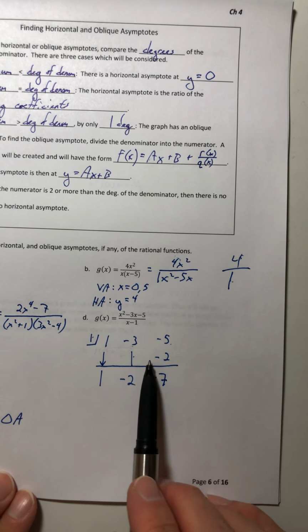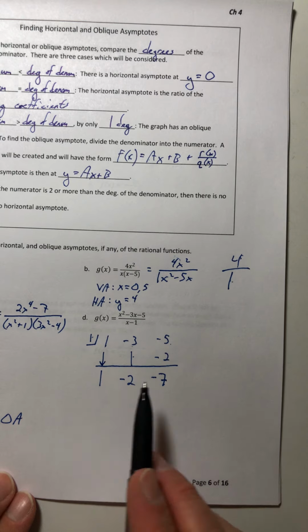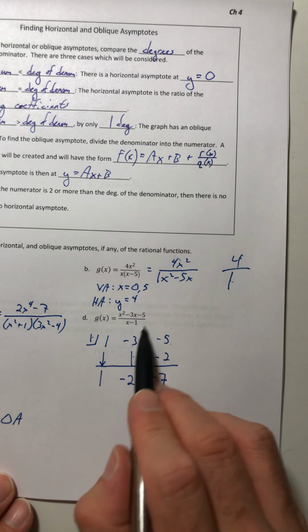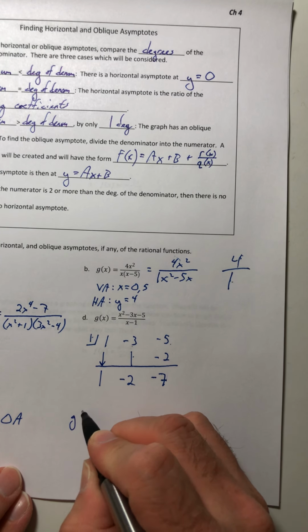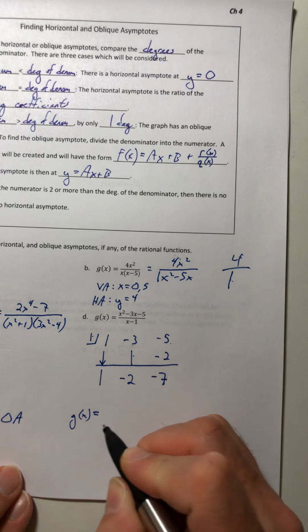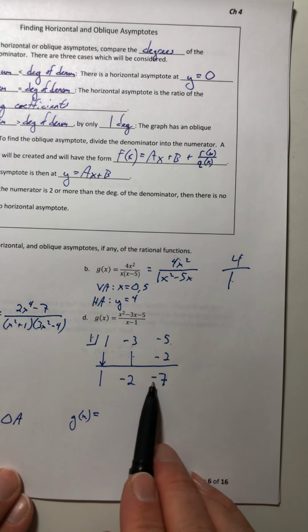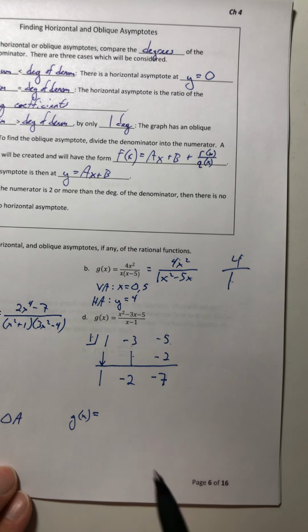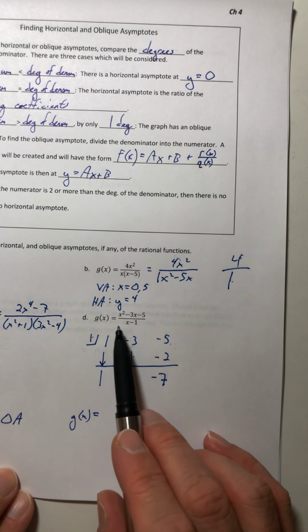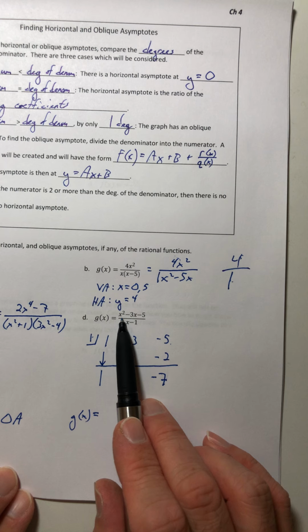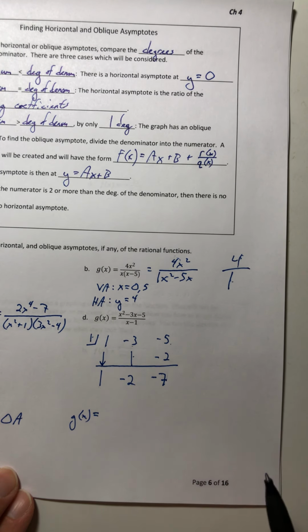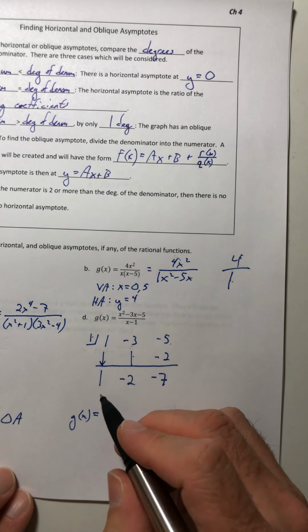So what we've just done is we've done the division. So this function, this g of x, you've turned it into, the numbers down here are your coefficients, and it's always going to start out as 1 degree less than the actual numerator. So the degree of the numerator is a 2, so that means the degree of the answer, or the result, is a 1.